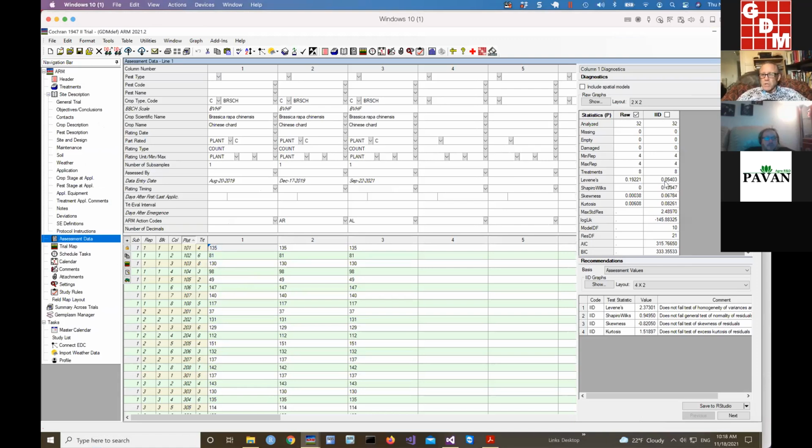We are close to, but not statistically significant for the Levene's test. So we don't see the options of the other tests of the analysis of variance.